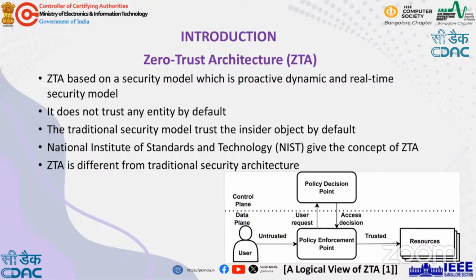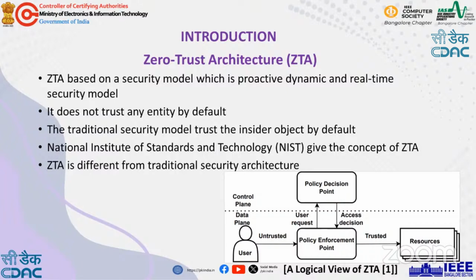So it could be malicious, if any malicious object is authenticated once and gets a long period of time to access the resource. To mitigate these types of challenges, the National Institute of Standards and Technology gave the concept of zero trust architecture, which is different from the traditional security architecture.